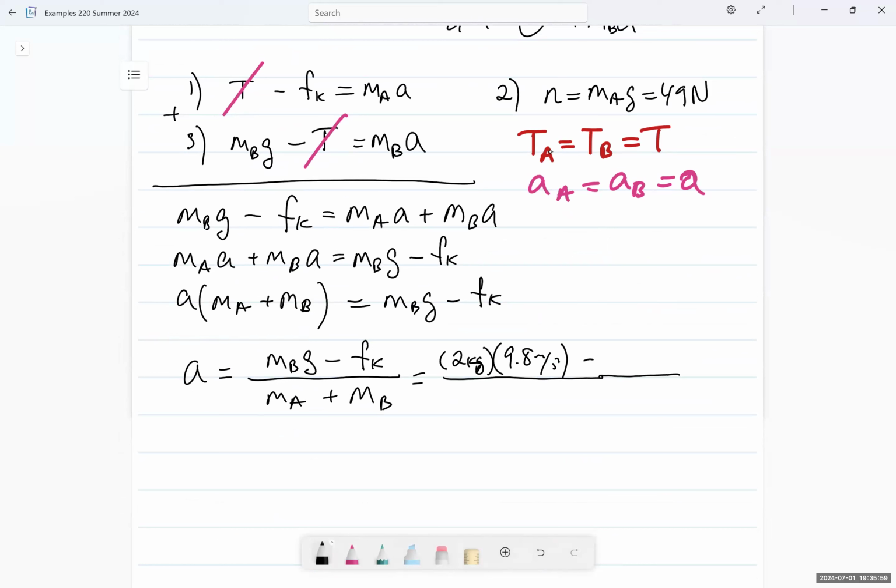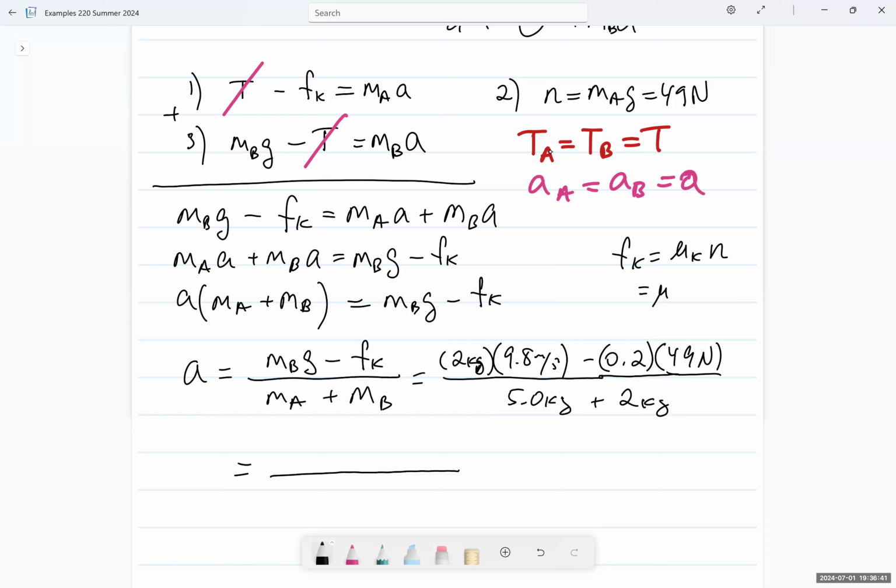All right, so at the top, 0.2 times 9.8, then minus 0.2 times 49. Here I get 9.8 newtons. At the bottom, I get 7 kilograms. And I have then 1.4 meters per second squared acceleration.